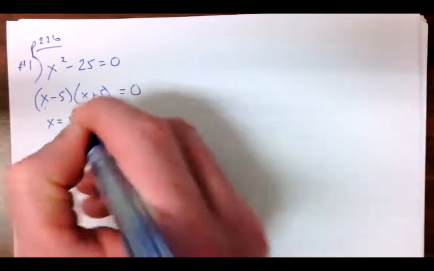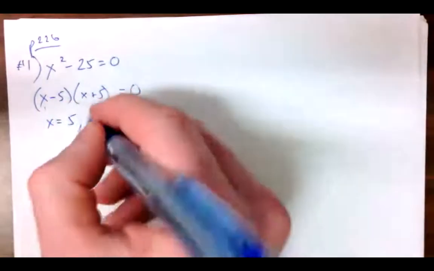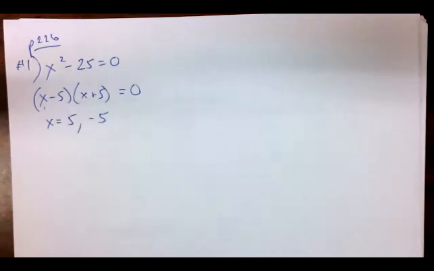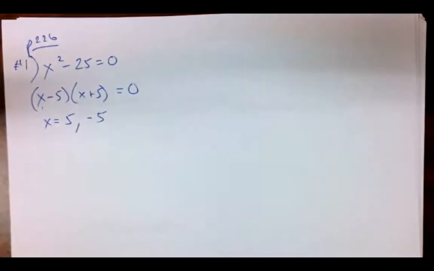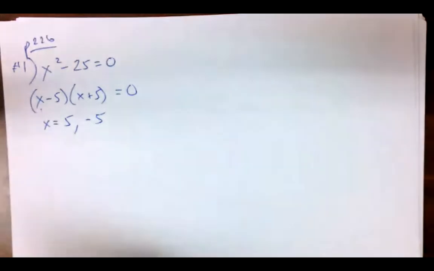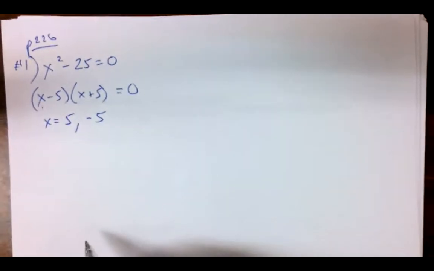That would work. So x equals 5 or negative 5. That's it. Done. You can check just by looking. When the original equation is more complicated, then you can substitute and check, but this you can just see.